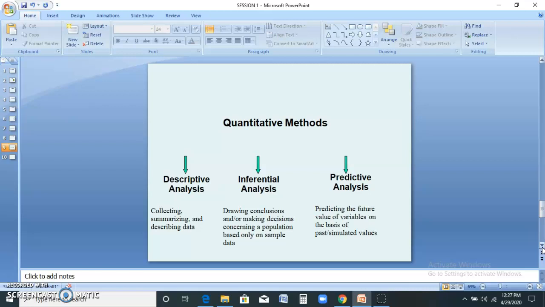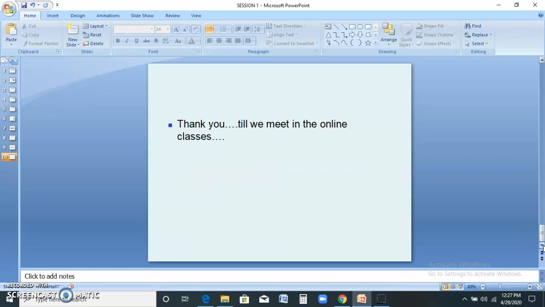To summarize this entire course, quantitative methods can be broadly divided into three divisions. The first is descriptive analysis, the second is inferential analysis, and the third is predictive analysis. And my dear friends, we are going to cover all these three divisions in semester 1 in the course Quantitative Methods.